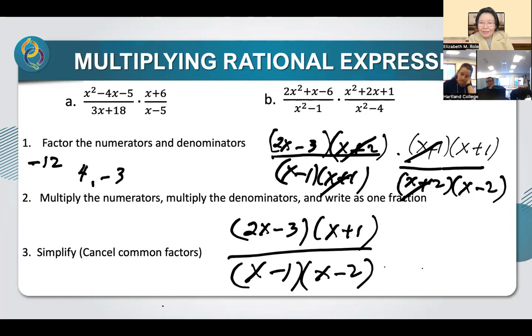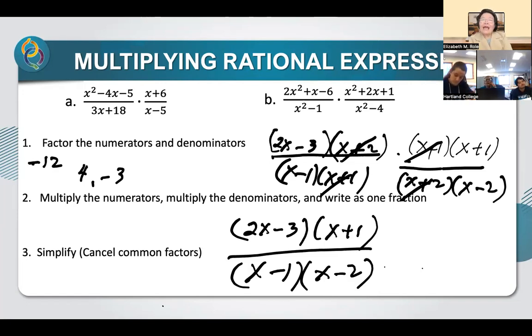So 2x minus 3 times x plus 1, because you need to multiply numerator and numerator, denominator and denominator. Now, for the sake of practicing your multiplying of polynomials like what you did in your homework 3, you can just do your multiplication just for practice.